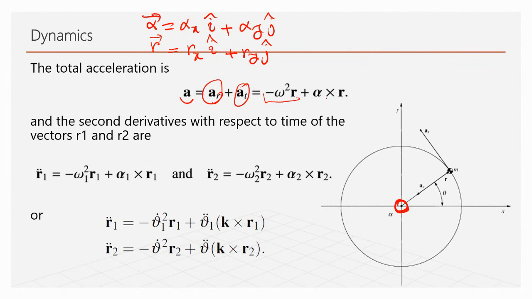You have alpha multiplied by r in the direction of the right hand rule. Alpha times r gives me the tangent in this direction. Multiplied by r, one direction to the other, gives you the tangent of the circle, which is in this direction. So the values are multiplied in the direction of the tangent of the circle.